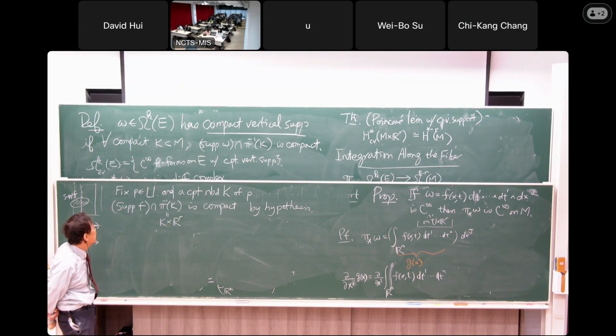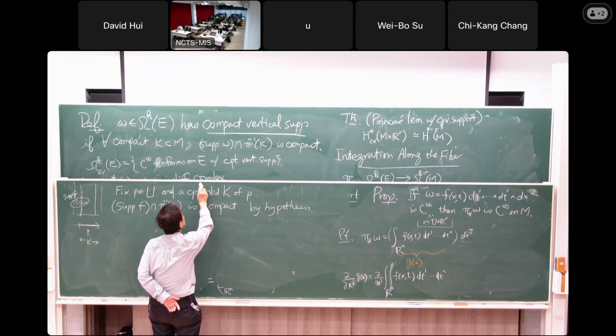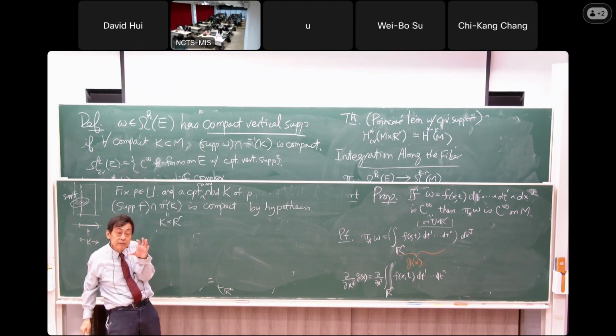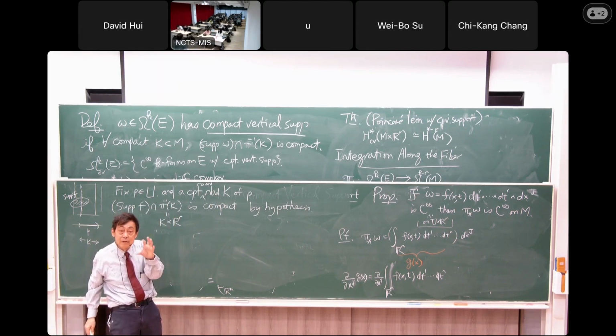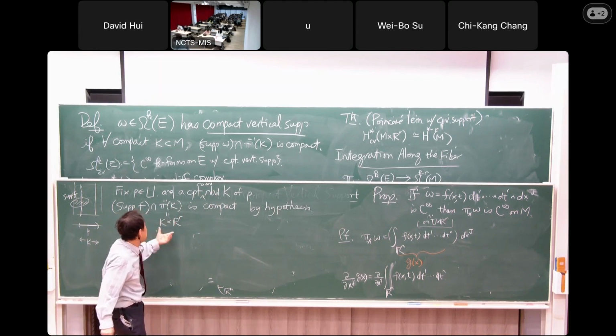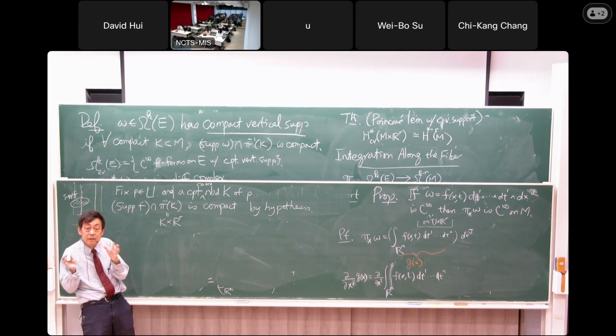And you know, this neighborhood, you can choose it to be a coordinate neighborhood. That means it's diffeomorphic to some open set of a Euclidean space. Okay, so then this product is diffeomorphic to some open set of a Euclidean space.